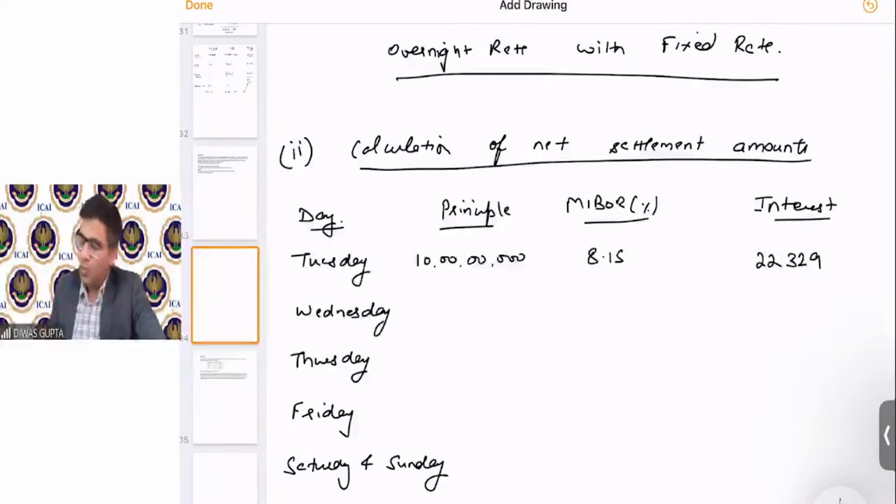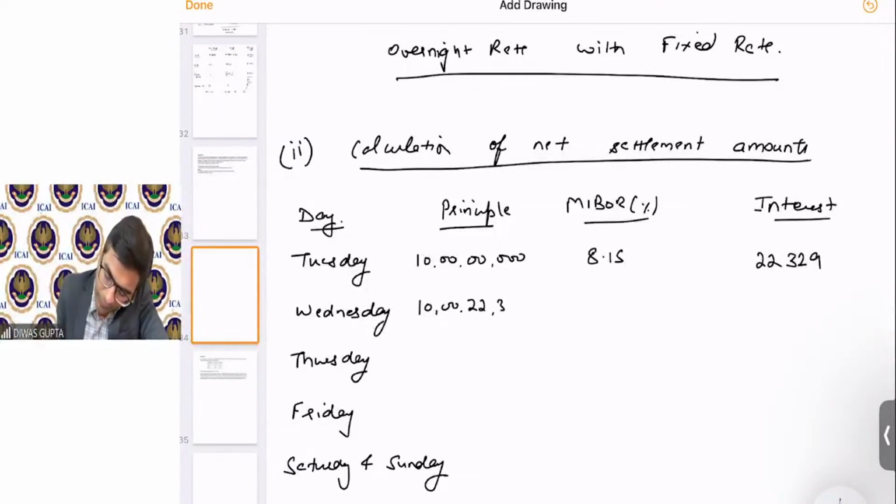Then let's come to Wednesday's principal amount. So now, students, since this is a 1 day amount, the 1 day amount will get credited and it will increase your principal. So Wednesday's opening will become 10 crore 22,329. Now on this amount, the next day's 1 day MIBOR will be taken, which is 7.98 percentage.